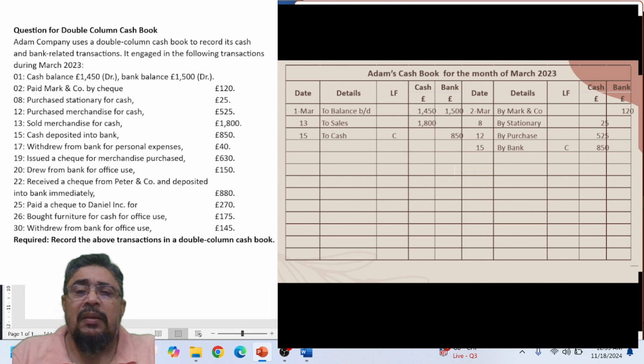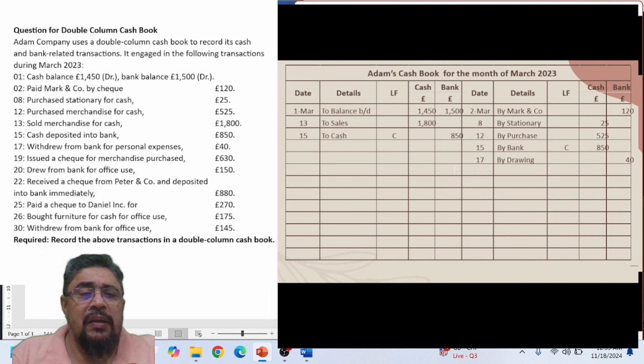So we will record this on the credit side. So here you can see on the 17th March, by drawings, we are using it for personal expenses. Here we are withdrawing the cash from the bank. So we will write the amount in the bank column, that is 40.